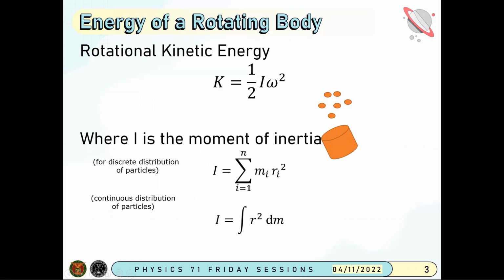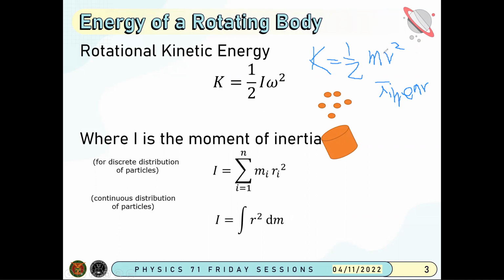Notice that this has a similar form with the linear kinetic energy, which is K equals 1/2 mv squared. So recall this is for the linear systems, right? And let's now look at the analogies with each other.